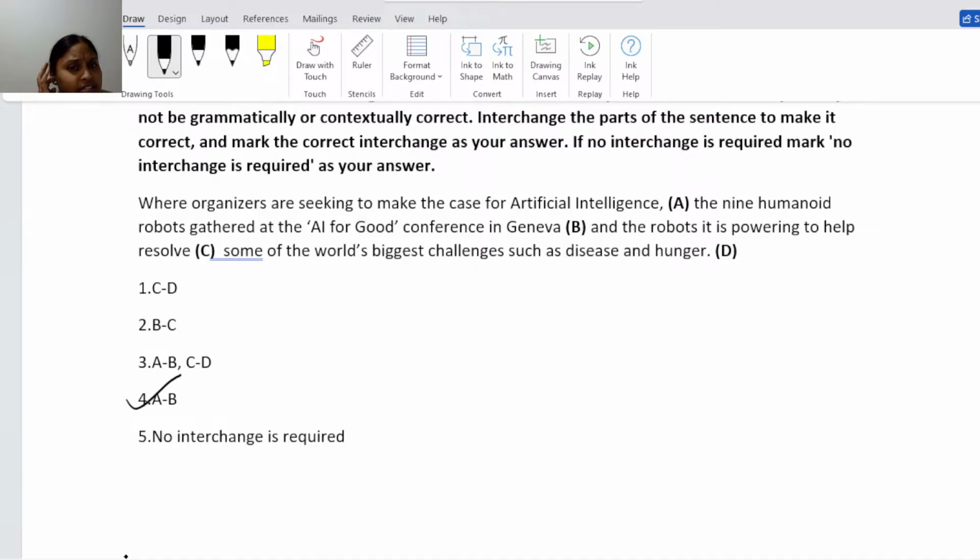Earlier, they arranged the conference, then only in that case are they seeking artificial intelligence, whether it is useful or not, and all the advantages regarding this, they are gathered and discussing the problems regarding that. So that's why A should be replaced with the B string. So now, we'll go for the last question.